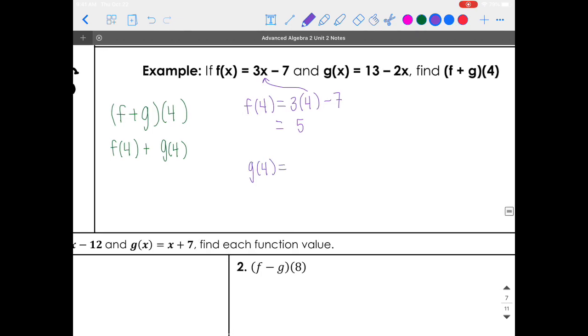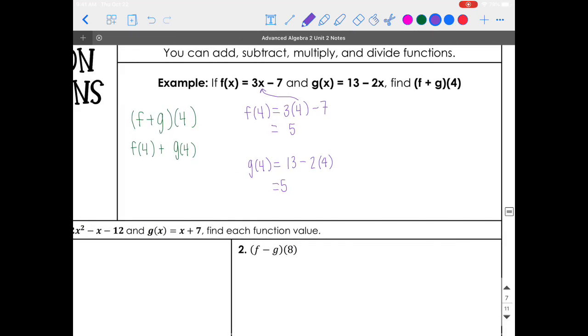Then I'm going to find g of 4. So g of 4 would be 13 minus 2 times 4. So I just plugged in a 4 for x in the g function. And that also is 5.